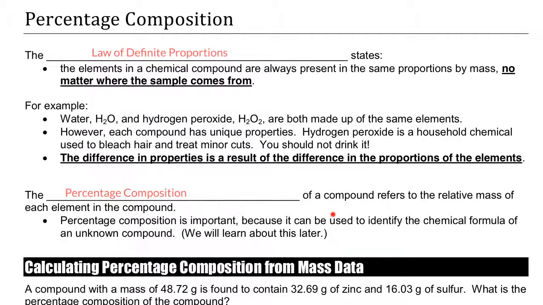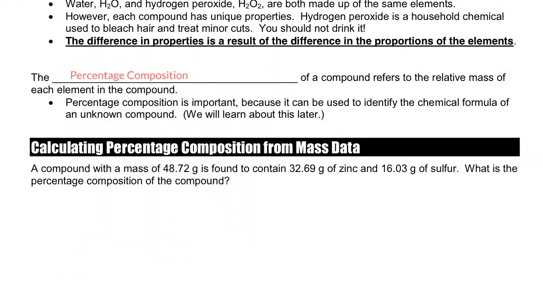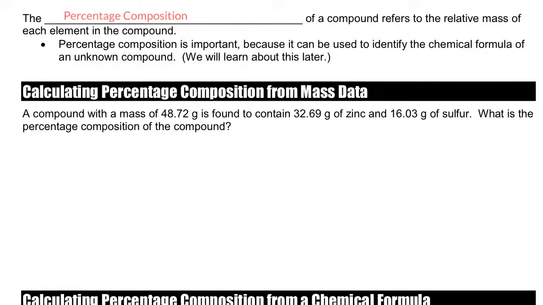First, we need to figure out how to do some calculations with percentage composition. The first one we're going to look at is calculating the percentage composition from mass data. What that means is if you analyze a substance in a lab and you find there are different masses of different elements, you can determine what its percentage composition is.